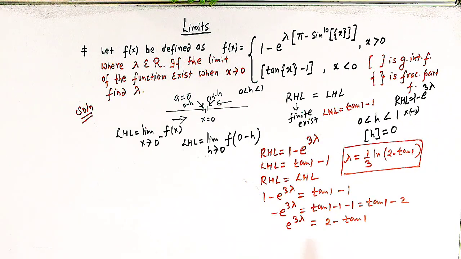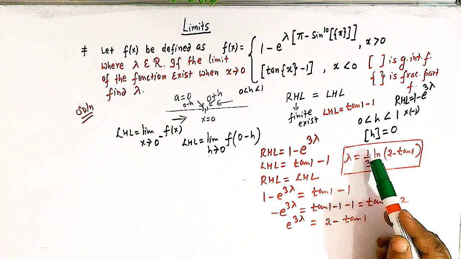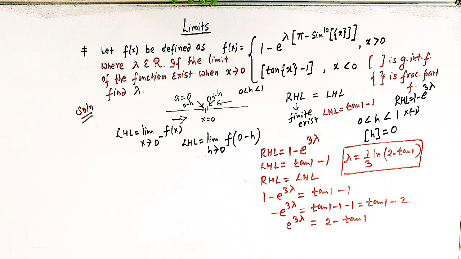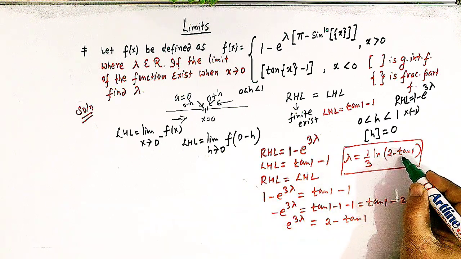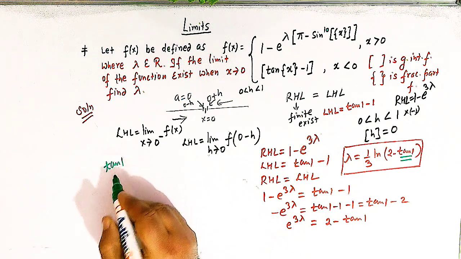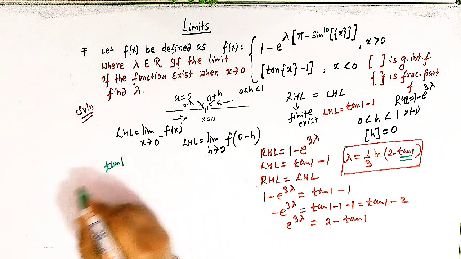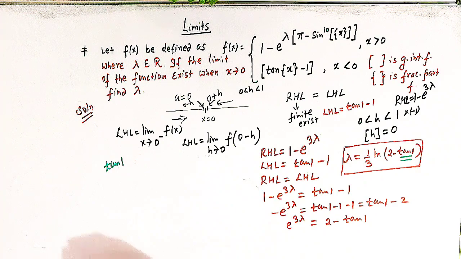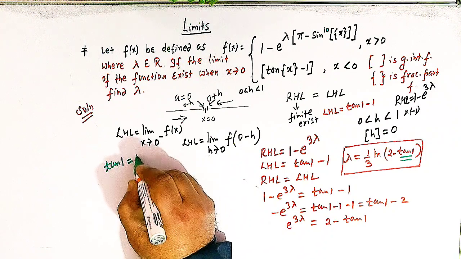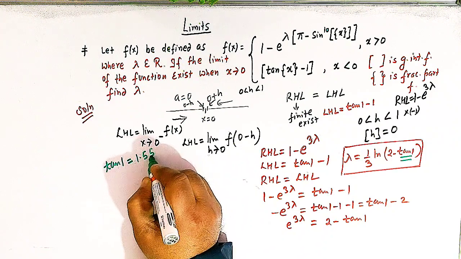So viewers, here we have obtained the value of lambda as 1 by 3 natural log of 2 minus tan of 1. Here it is interesting to note that if we take the approximate value of tangent of 1, this is tan 1 radian, and we know that 1 radian is approximately equal to 57 degrees. So tan of 1 may be taken as 1.55, right?